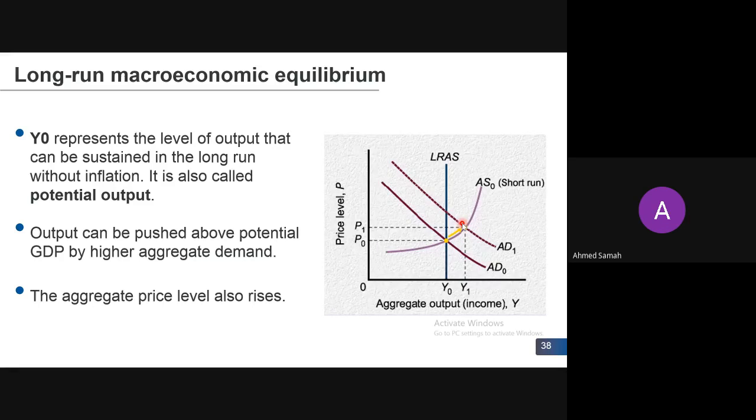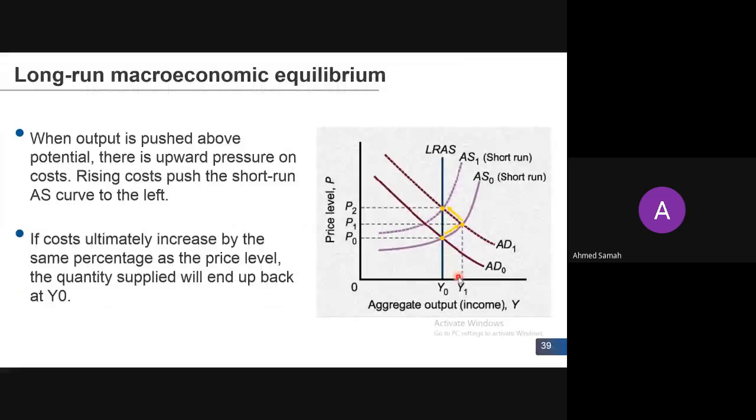So now we are seeing that the aggregate demand has shifted, but because of that, in the short run the prices are rising, because at the point where the aggregate demand curve equals the short run aggregate supply curve, the prices are now increasing compared to before as the output has increased. When the output is pushed above the potential, there is upward pressure on the costs as well.